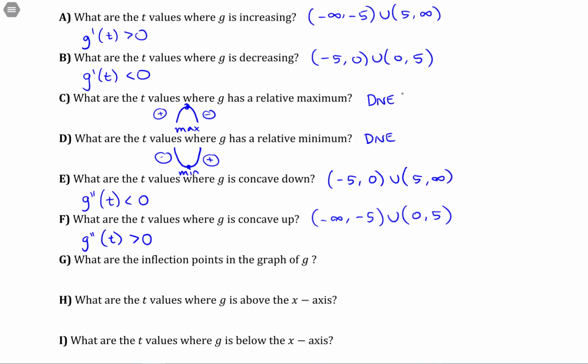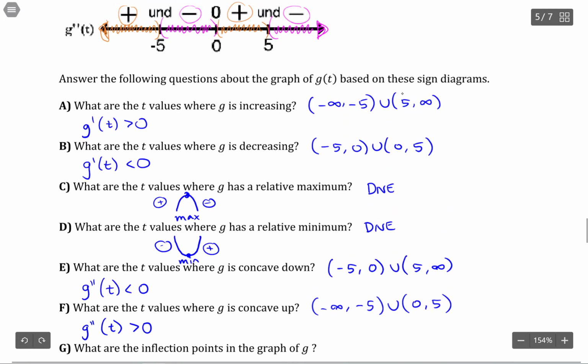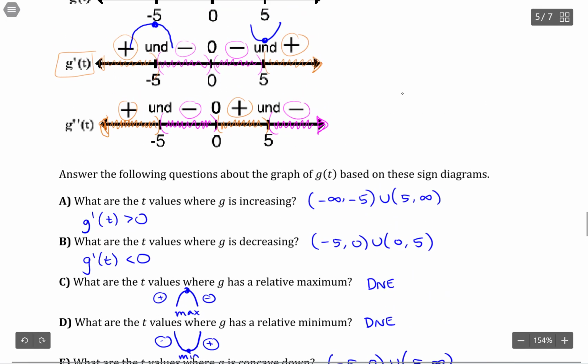What are the inflection points in the graph of g? An inflection point is a place where the graph changes concavity. Here we go from concave up to concave down, but this point is undefined, so it's not part of the domain, which means we can't include that as a point of inflection.